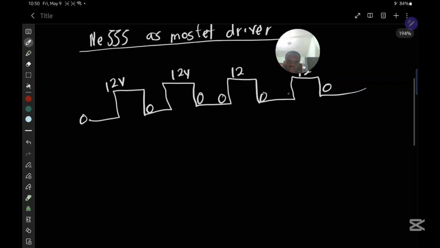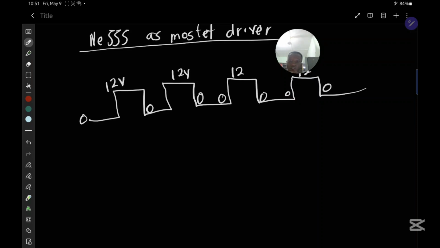That's how the whole thing is going to look. It's either at 0 or it's at 12. You get it? This is what a DC signal looks like. It's either actively low or actively high. That's what DC is all about.